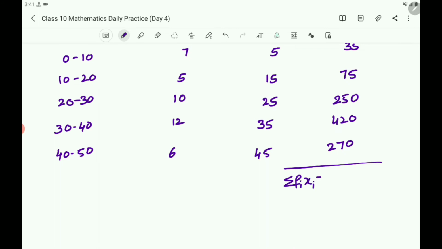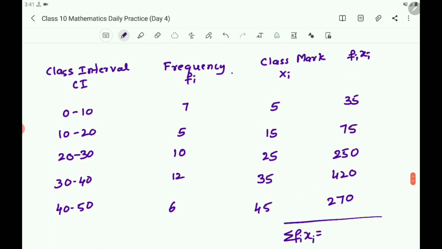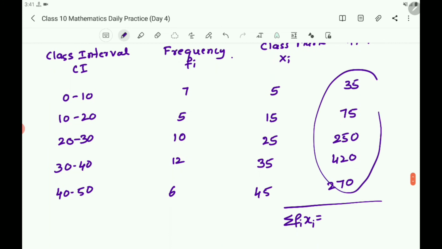Now you find the summation of Fi Xi, that is the sum of all these Fi Xi. So you take 5 plus 5, 10. Here all zeros are there. 10 means you put 0 here and 1 here.